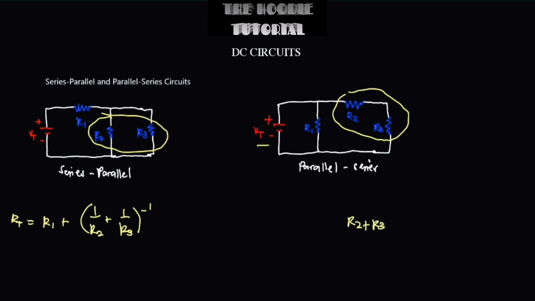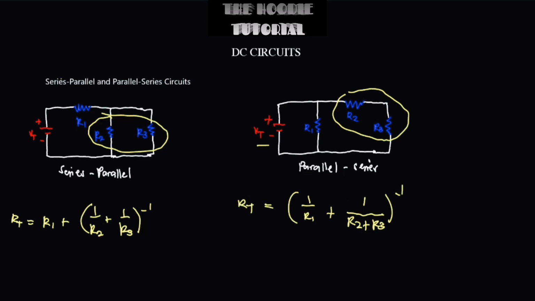And then when you have this total resistance for these two resistors connected in series, you will come up with only two resistors in the original circuit, which are now connected in parallel. So therefore you can put it this way: 1 over R2 plus R3, and then you can also add 1 over R1, and then raise all that to the power of -1. So therefore this would be our total resistance.